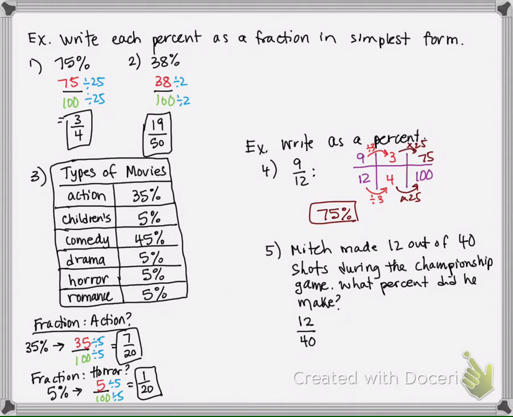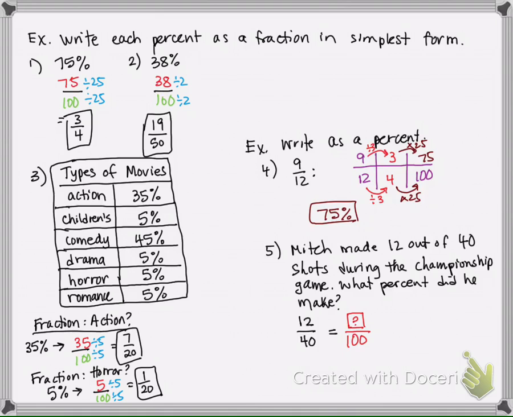Okay? So let me show you a different way to solve this problem. We're going to set this guy equal to, it's got to have 100 in the denominator, and we've got some sort of mystery here, okay? We don't know what goes in there.